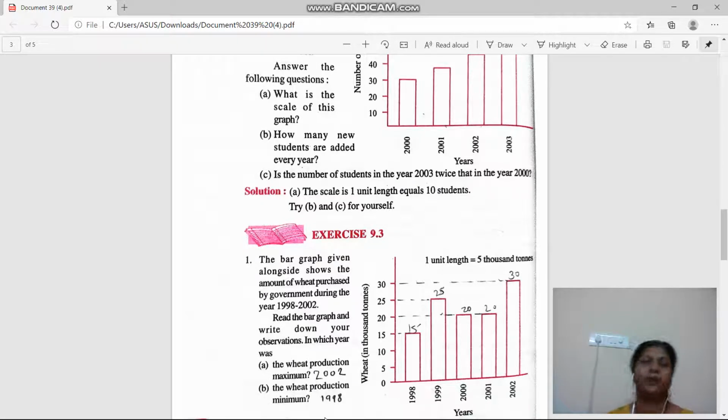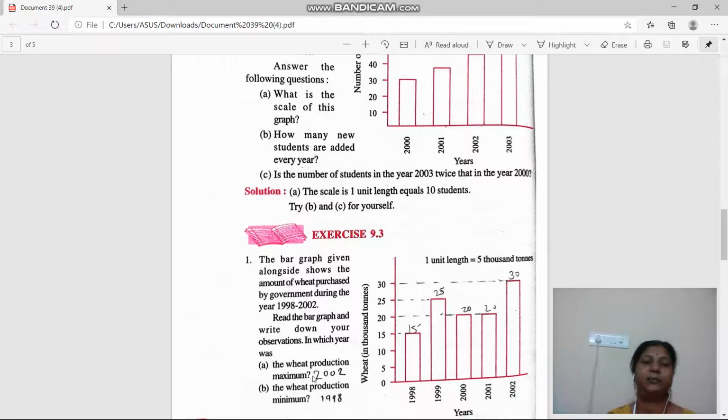Get it? So, first question, when is wheat production maximum? So, now we have studied 2-3 graphs, so we can easily tell that the year whose bar length is greater has the maximum production. So, the length of this bar is maximum. So, here is maximum production in 2002, and how much is it? 30,000 tons.